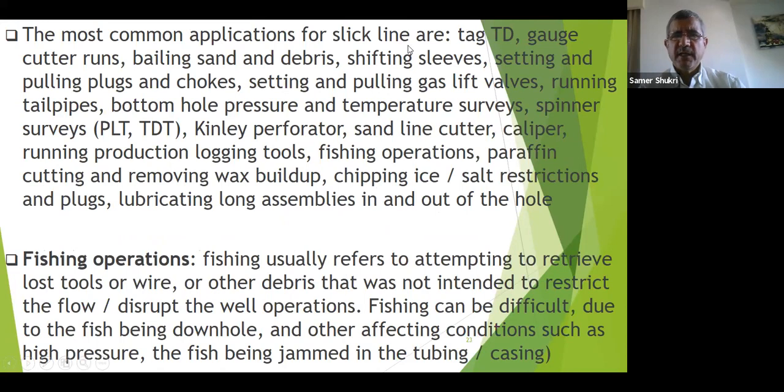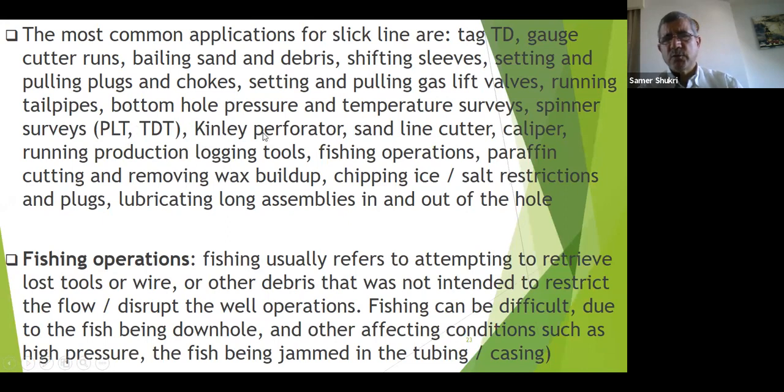The most common applications of wireline, which is like this, slick line. This includes wireline and slick line together: tag TD, gauge cutter. Why? Because here we see PLT, TDT. PLT and TDT should include surface readout. If we run a spinner inside the well, we have to see the rotating speed of this spinner.